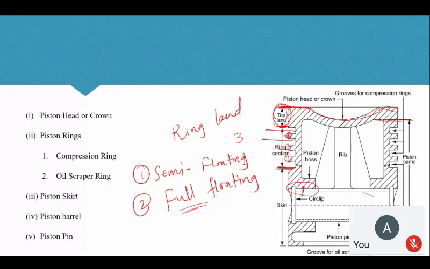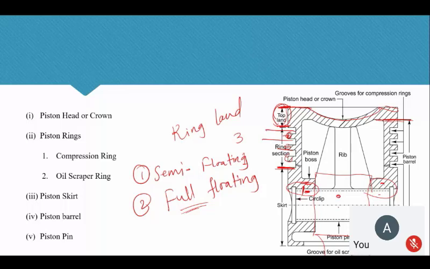The movement will take place between the boss and the gudgeon pin here and here, as well as between the gudgeon pin and the connecting rod, because you are going to have the connecting rod here.